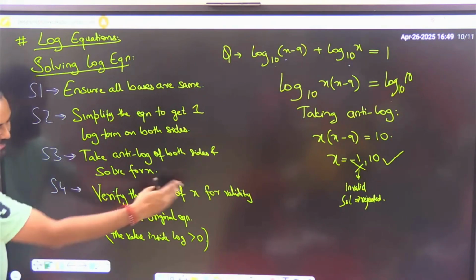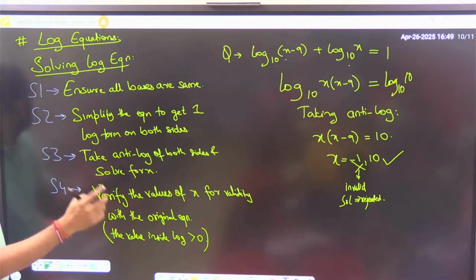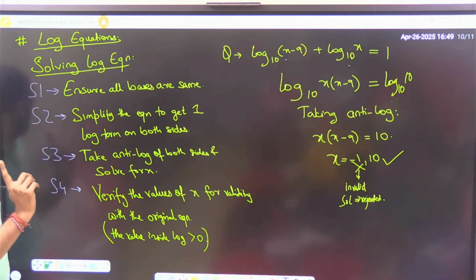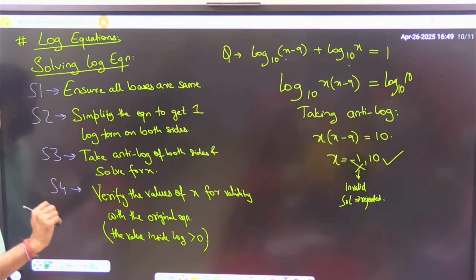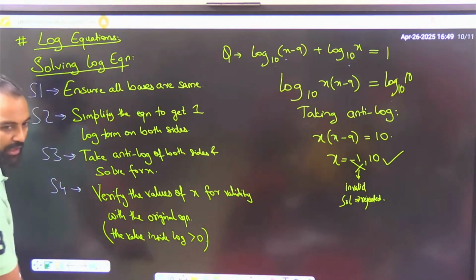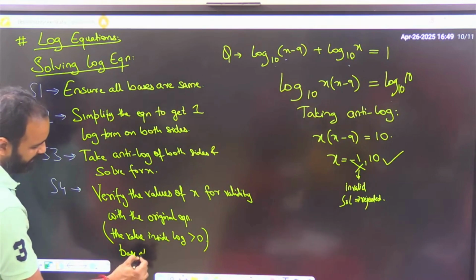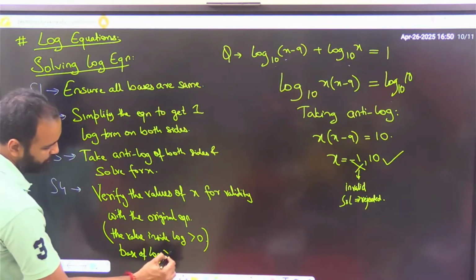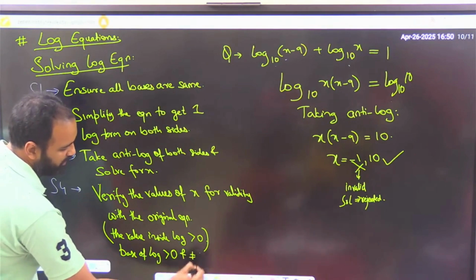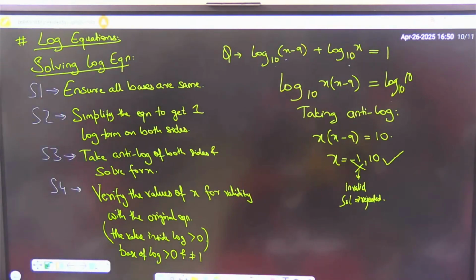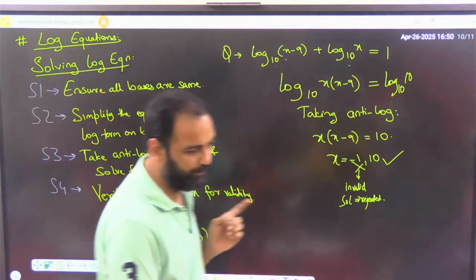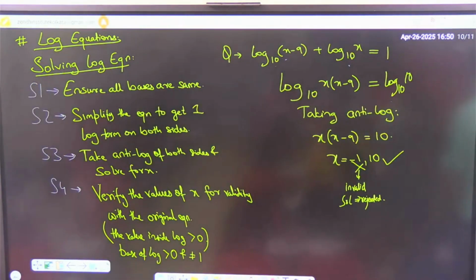In the verification step, if x is in the base, there is one more thing you have to verify: the value inside the log has to be positive. One more condition will be added: the base of the log has to be positive and cannot be equal to 1. You have to check for these two things, for the number and for the base.